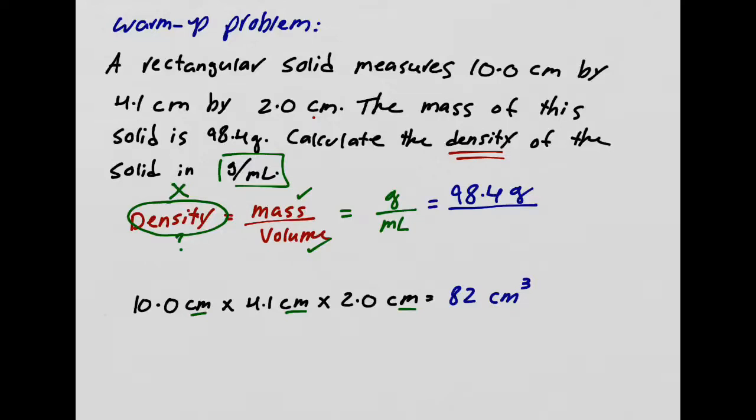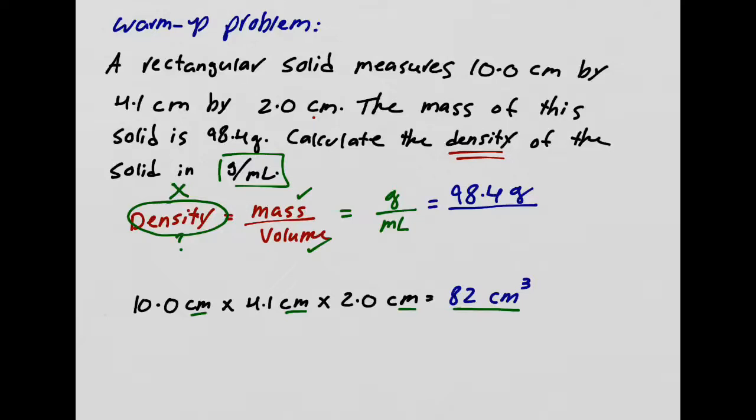Here's the problem. What I have here is 82 centimeter cubed. But what does the question ask me for? What does the question ask me for? Milliliters. They want grams per milliliter, but this is centimeter cubed. If you remember, last time I said centimeter cubed and milliliters are two very common units for volume.